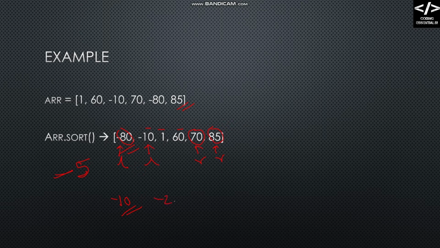So we don't need to check each and every right side element for minus 80. So we just increment the left index. This is the reason why we increment the left index and decrement the right index, because we don't need to check each and every case, and that's why the process is really fast. So this was the example.